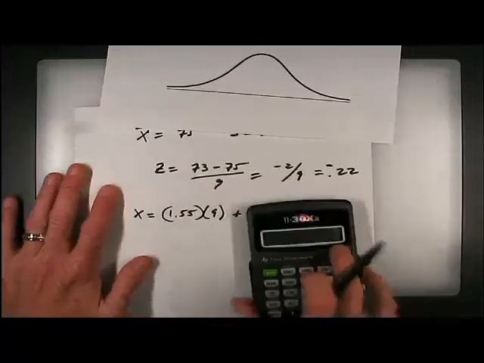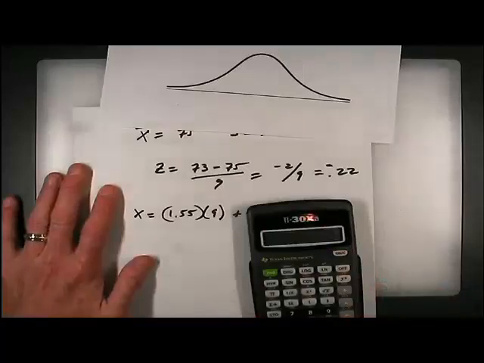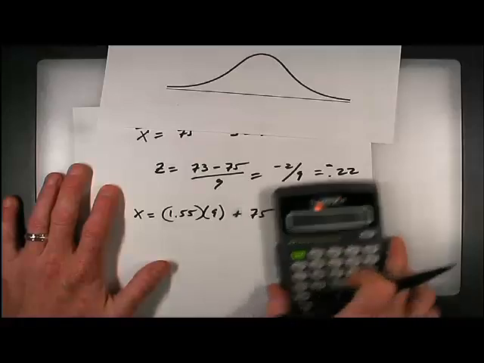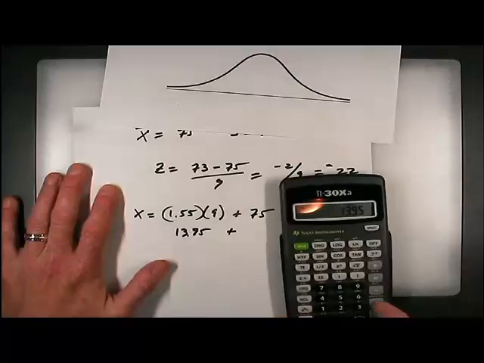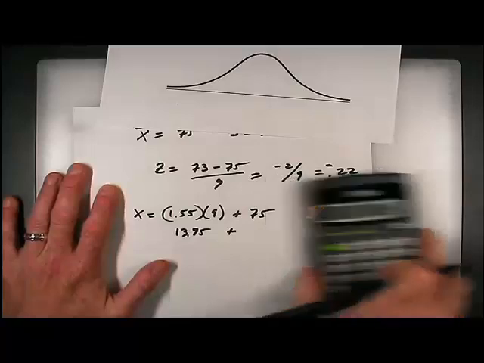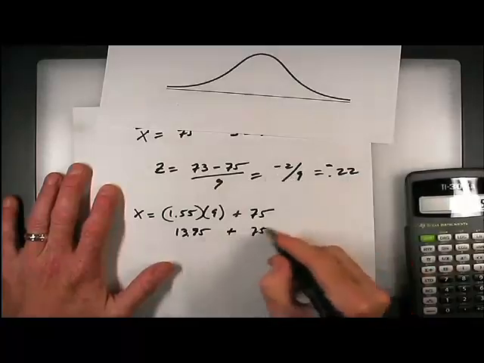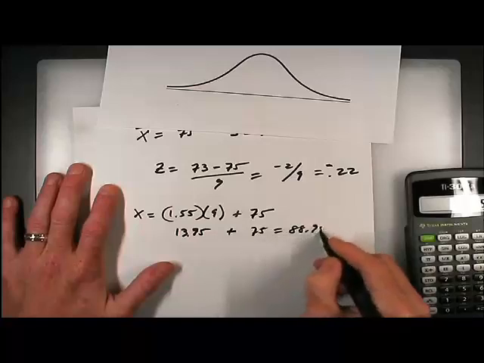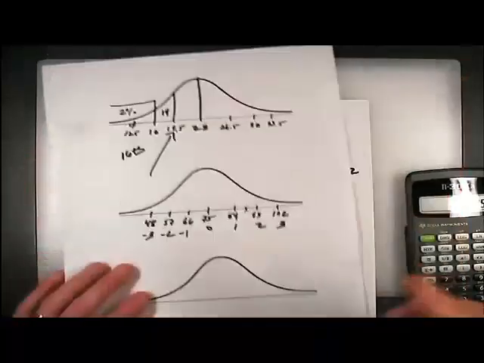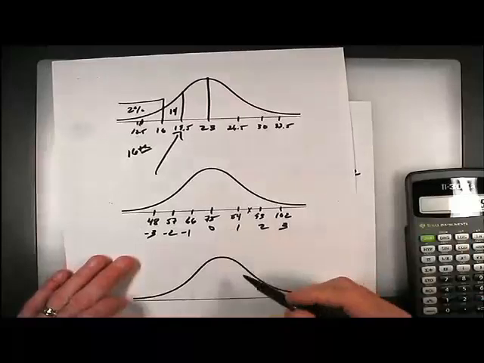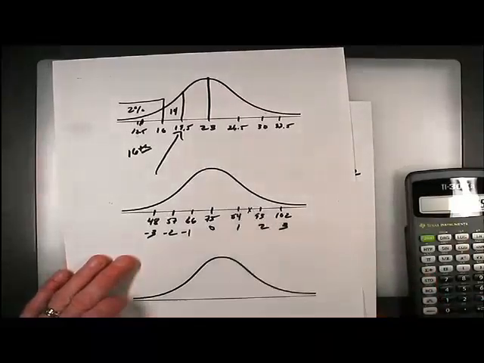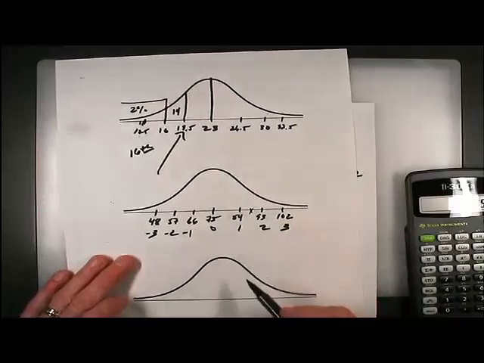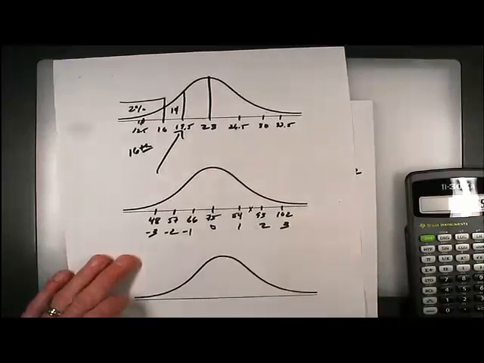So 1.55 times 9 is 13.95, plus 75 is 88.95. Now look back at this. Does it look about right? Because I said it was in the middle here somewhere. 1.55 is right near the middle, that would be in the middle of the raw scores.